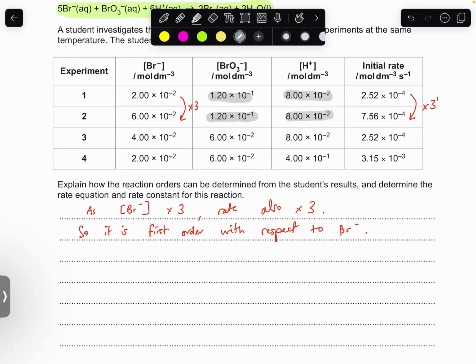In experiments 3 and 4, so we look at this one and this one. You can see again that the concentration of BrO3 minus is kept the same. Now, there's a bit of a tricky thing here. What's happening is that the concentration of Br minus is halving, so let's multiply that by a half. The concentration of H plus is also, actually it's not halving. What's happening here?